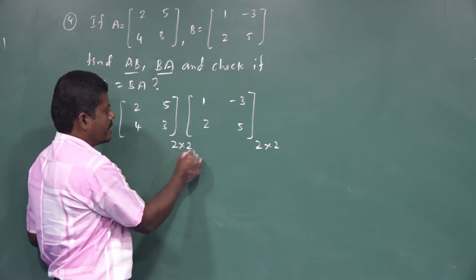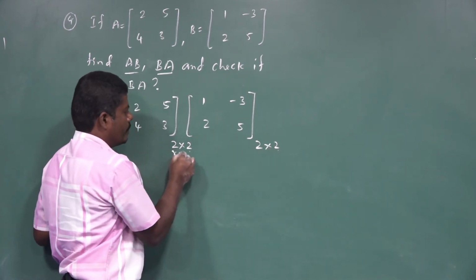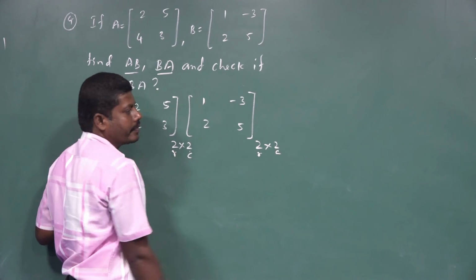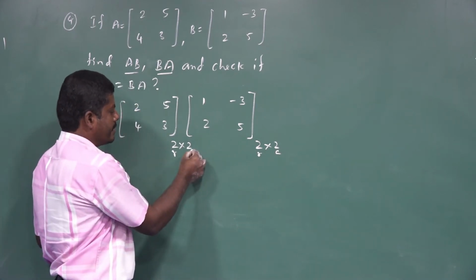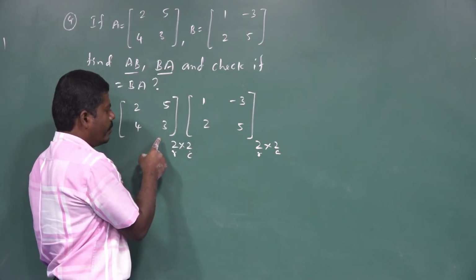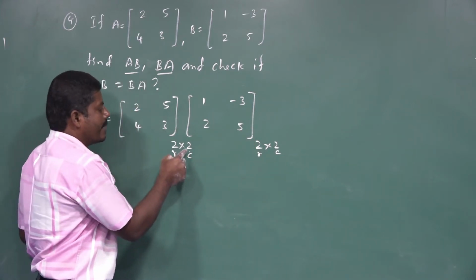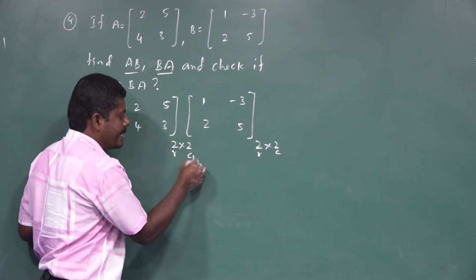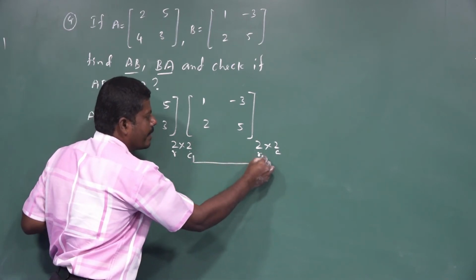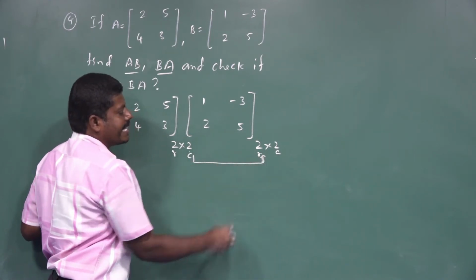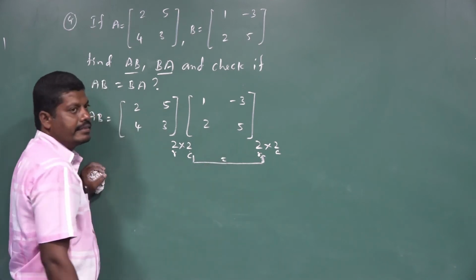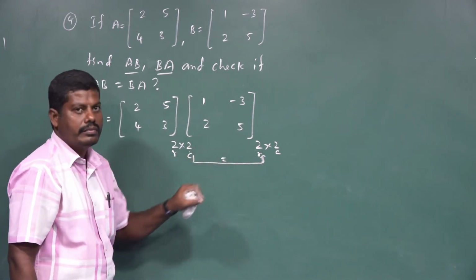This is row, this is column. Row, column, row, column. So the order of our first matrix is 2 by 2, and the order of our second matrix is 2 by 2. The number of columns in our first matrix is equal to the number of rows in our second matrix, both are 2.